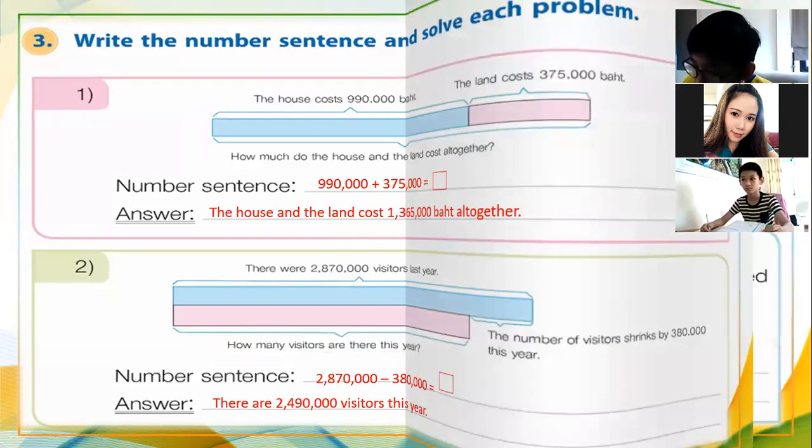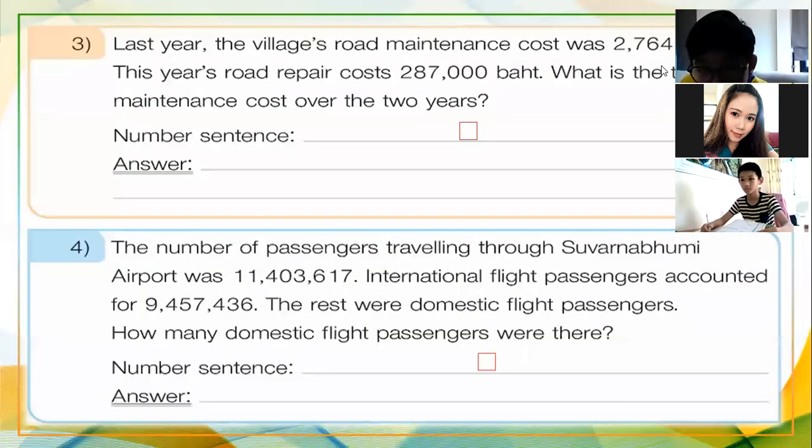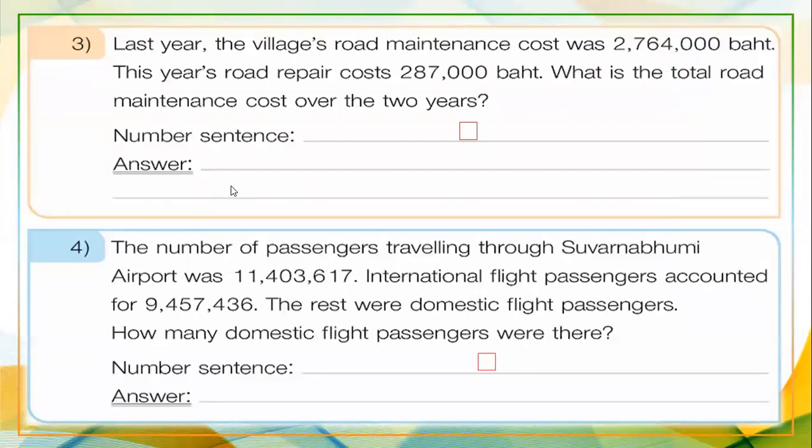Now let's move again. We have one more problem, number 3. Last year, the village's road maintenance cost 2,764,000 baht. This is one point you have to keep in mind.